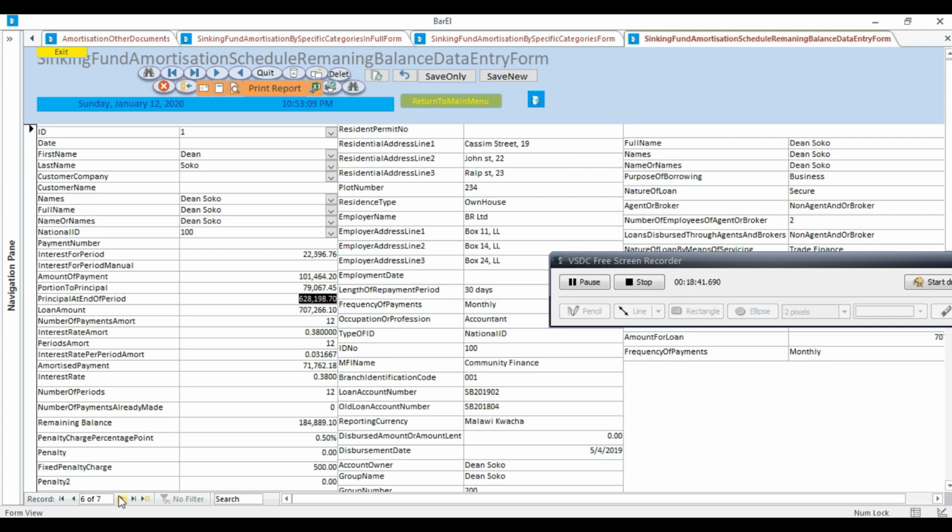This one becomes the loan amount. Then copy and paste.